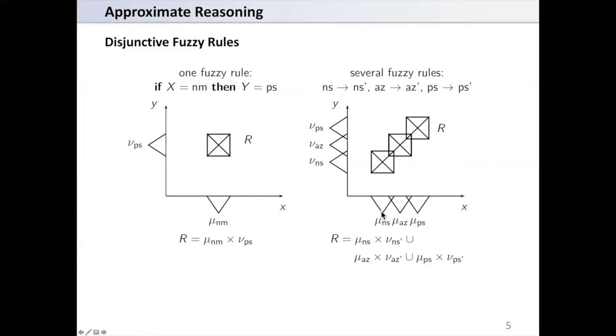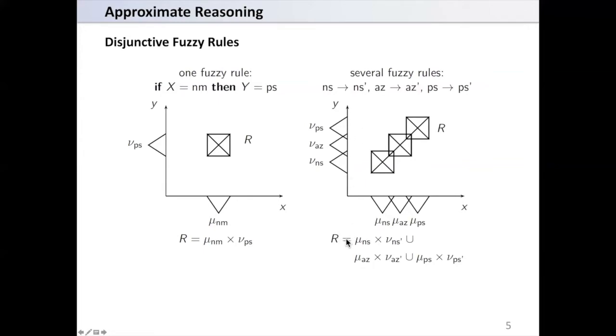We have fuzzy sets here for each of them. And here we have the fuzzy sets for n negative small, n approximately 0, n positive small. These are the membership functions.